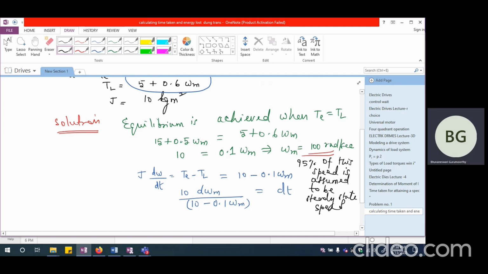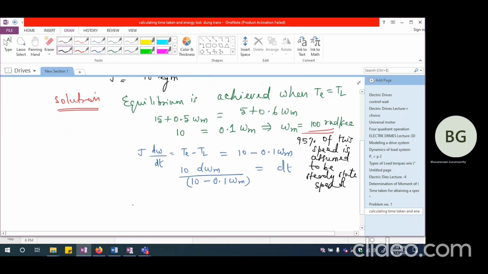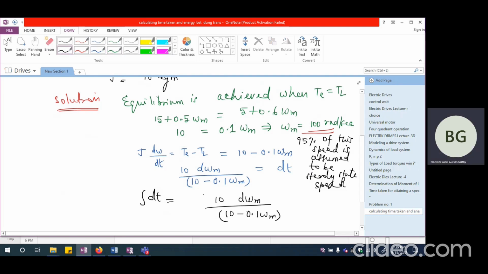So this is going to be the steady state speed. I can write the integral of dt to achieve steady state as equal to 10 d omega m divided by 10 minus 0.1 omega m, and this has to be integrated from 0 radians per second until 95 radians per second.